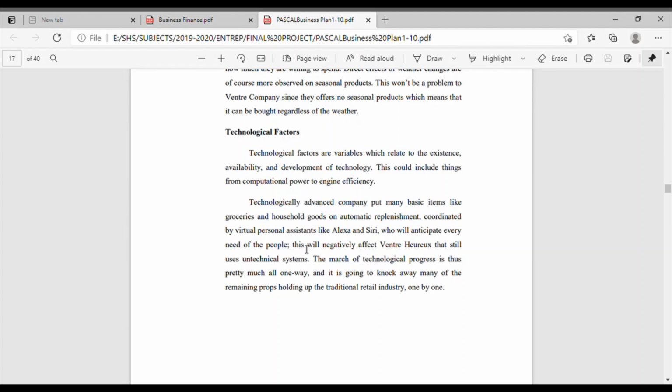This will negatively affect Ventre Eurox that still uses untechnical systems since they are a startup business. Kaka-established pa lang nila, yun yung magiging problema nila in terms of technology. Hindi pa sila kayang mag-provide ng ibang technological advancement kasi nga kakasimula pa lang nila. So, yun yung factor na makaka-apekto sa kanila.